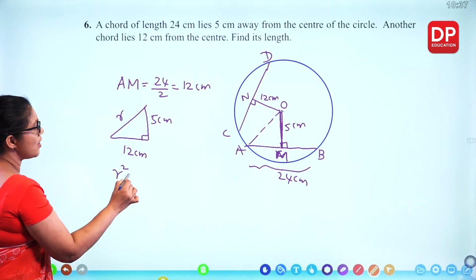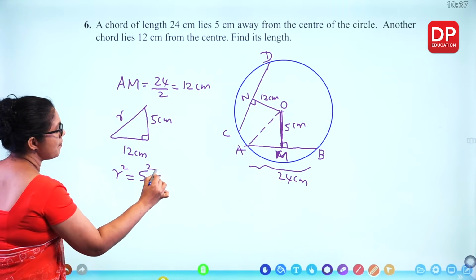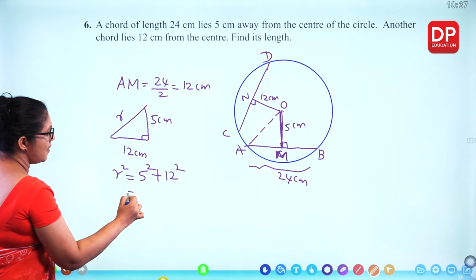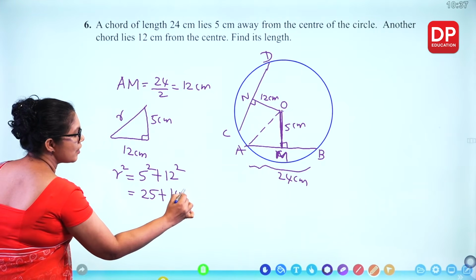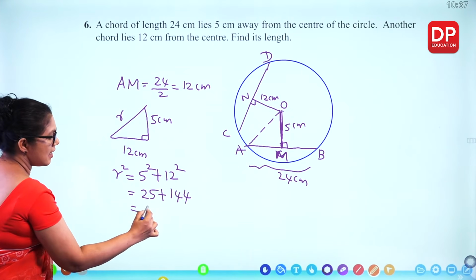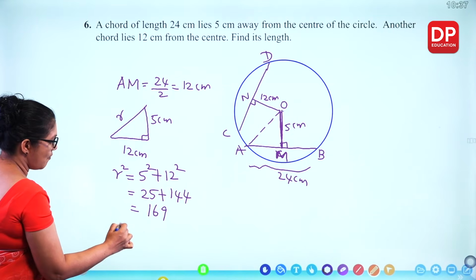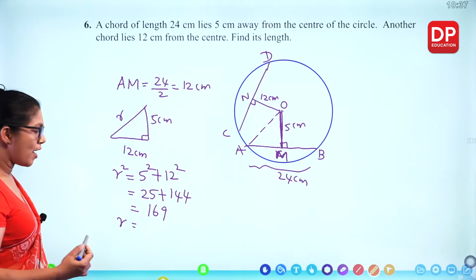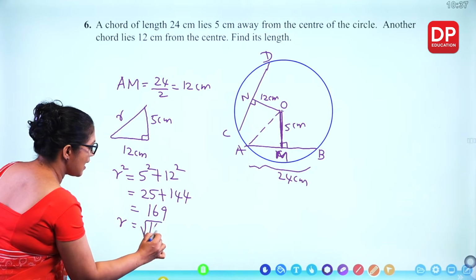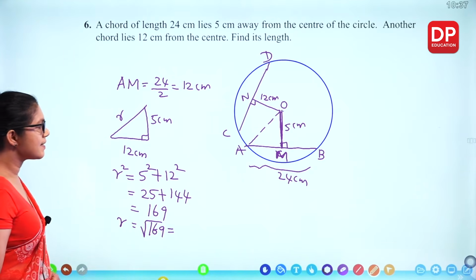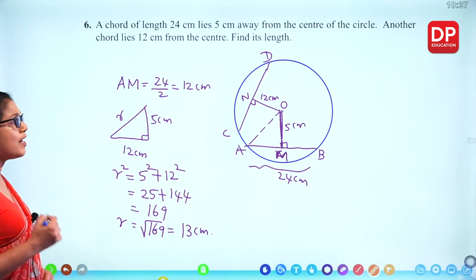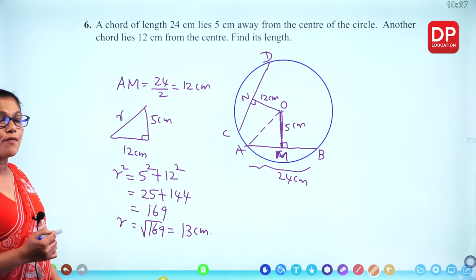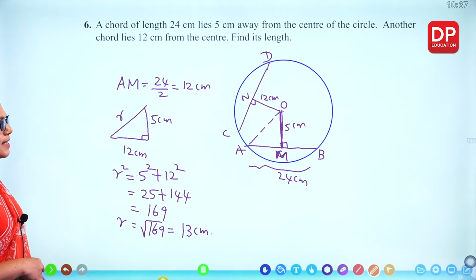R squared is 5 squared plus 12 squared. When you simplify, this is 25 plus 144. You get 169. How do you find R? Square root of 169. So what is the square root of 169? You get 13 centimeters. So we know the radius of this circle is 13 centimeters.